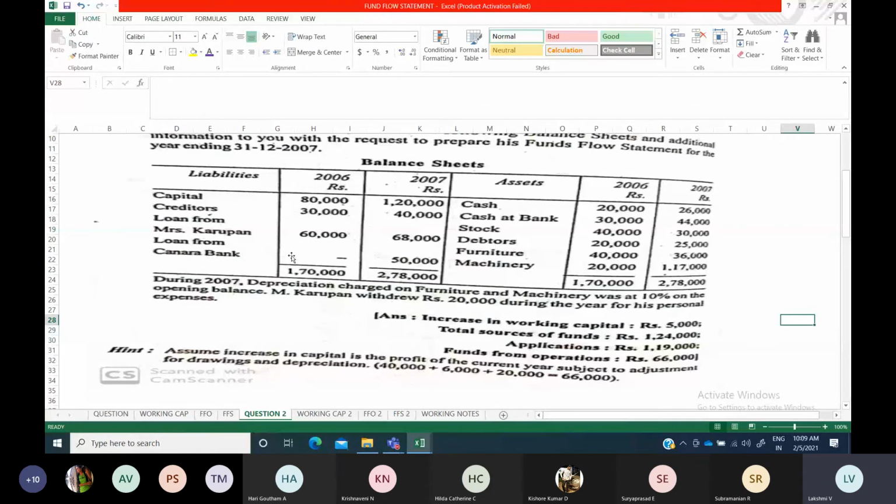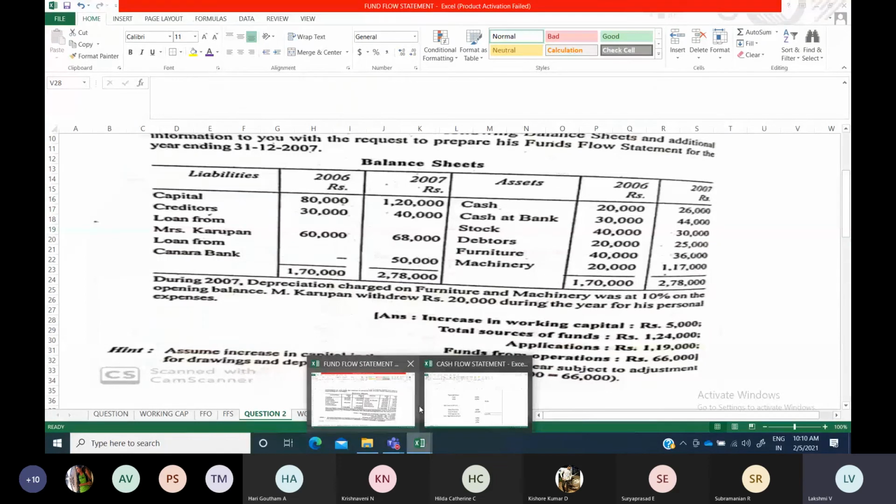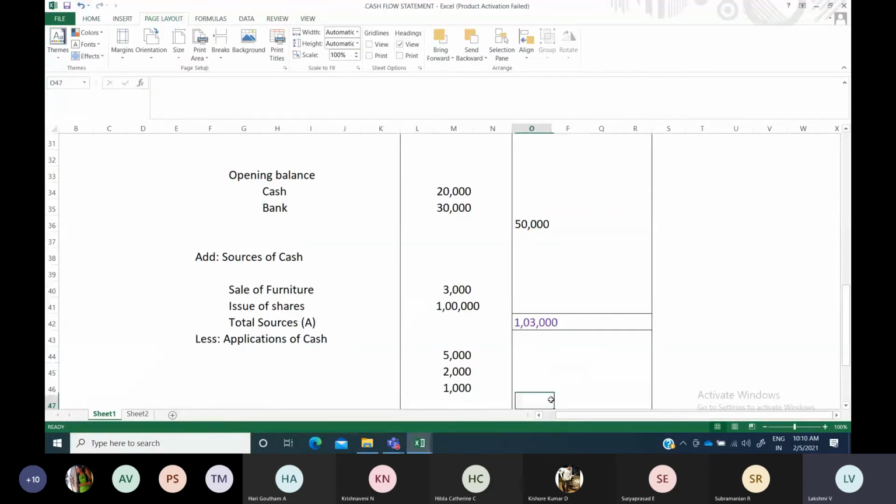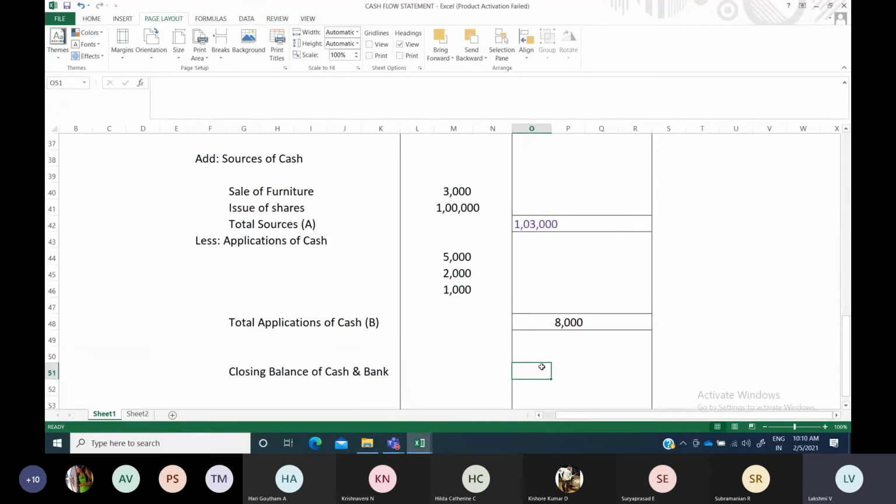The entire thing you can get as the answer. So that will be a negative answer because of bank overdraft. No positive things are there. Instead of cash and bank on the asset side, if bank overdraft is there, the closing balance answer will be negative. Okay, so like this also you might get a problem.